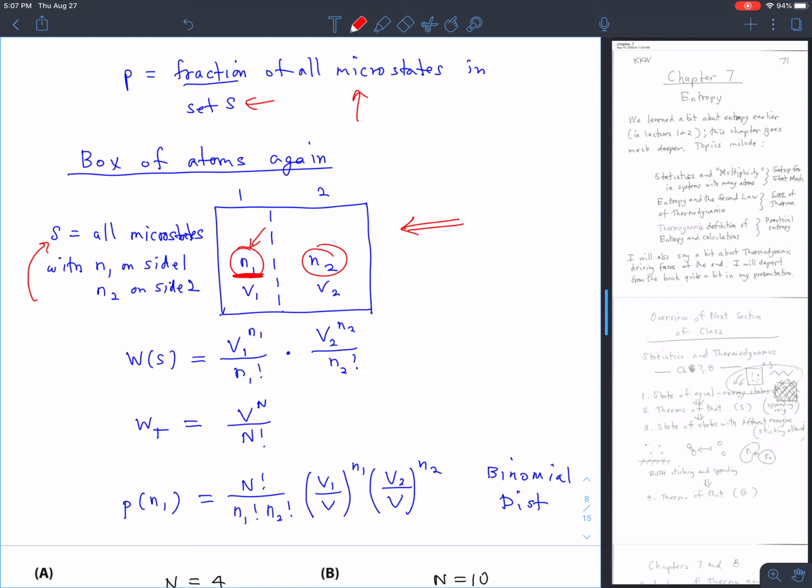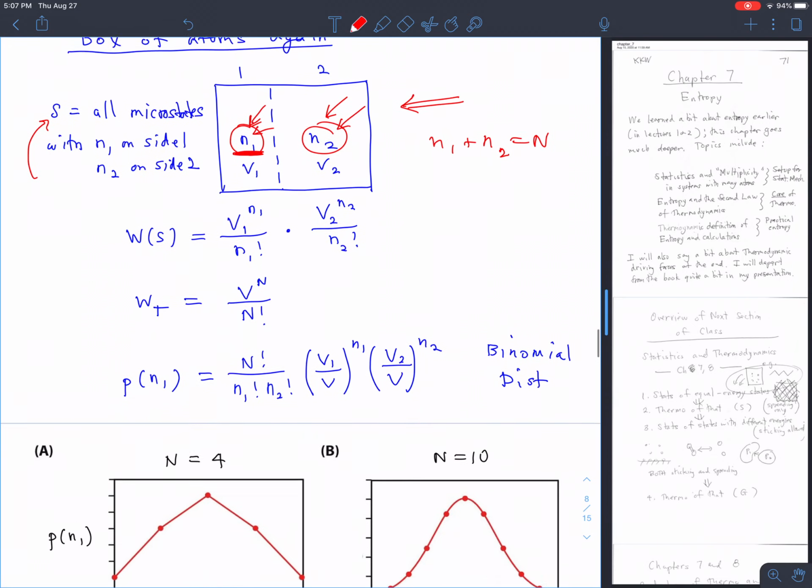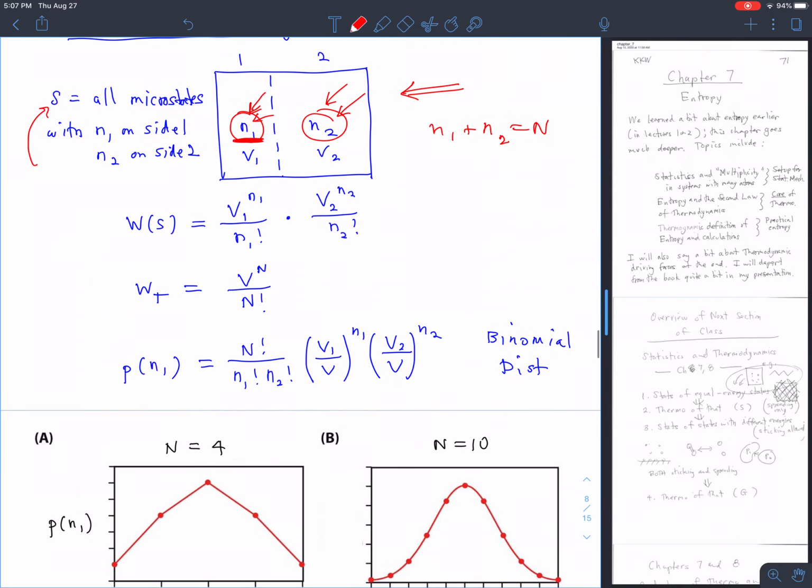And once we know that there's N1 on this side, we know that N1 plus N2 has to equal the total, so we know how many there are on the other side also. If I've got 100 and I say that there's 30 on this side, then I must have 70 on that side. And if that's the case, then we can calculate how many microstates are available when I've essentially fixed how many are on one side and how many are on the other.